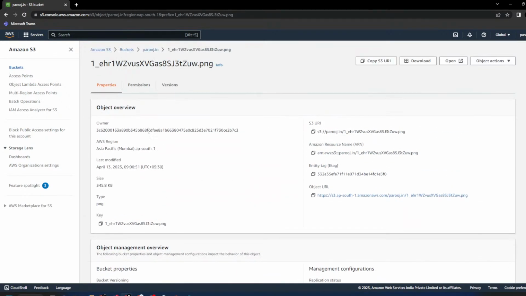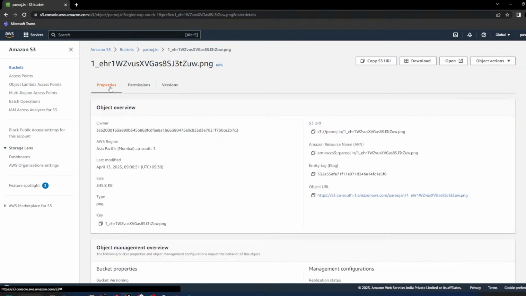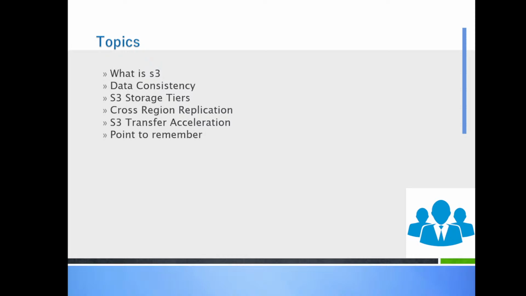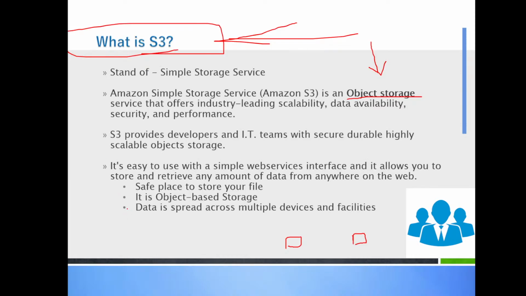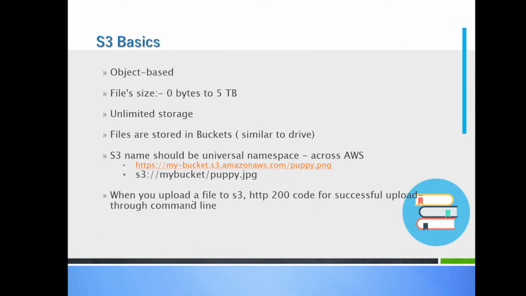There are so many things to cover, but we have covered a lot of theory today. So what have we learned? S3 is the object storage in the AWS cloud. You can store as much data as you want. Your bucket name should be unique, not the file name.